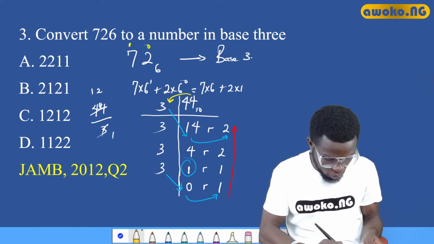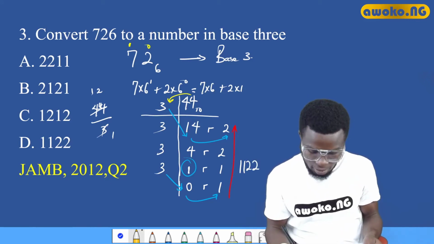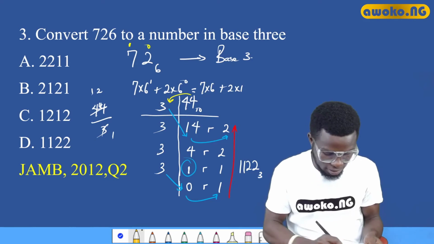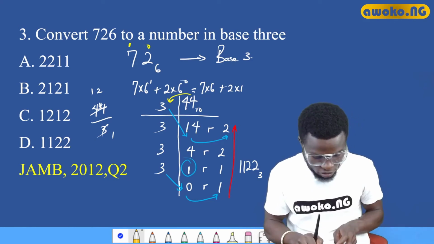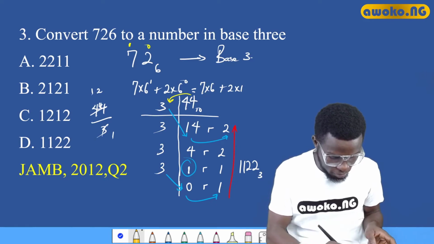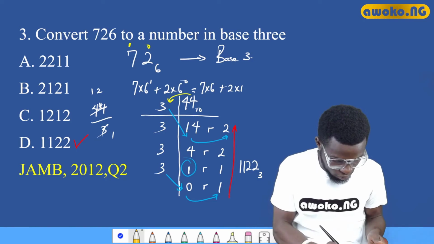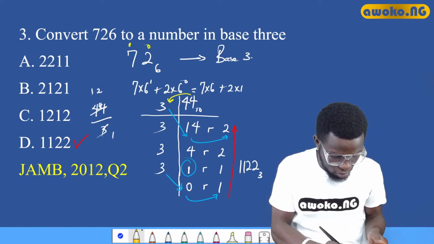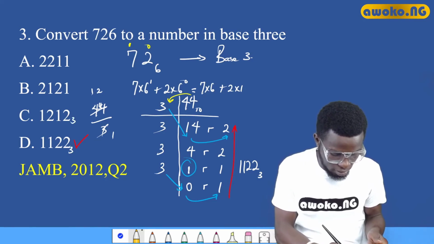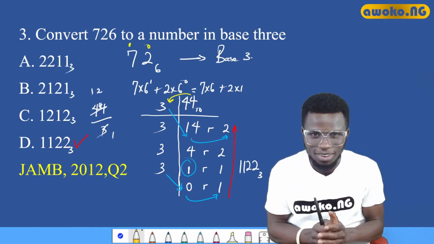And from bottom to top, the value is equal to 1, 1, 2, 2, then to base 3. So this is actually our answer. If I check, my correct answer is option D, 1, 1, 2, 2, base 3. Of course, all these are numbers in base 3. It's as simple as that.